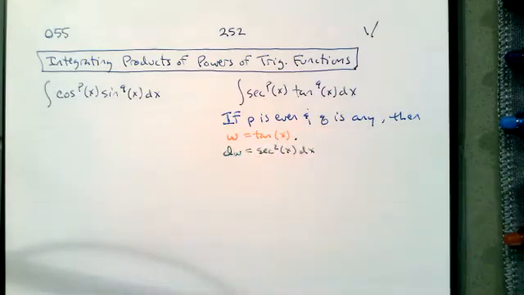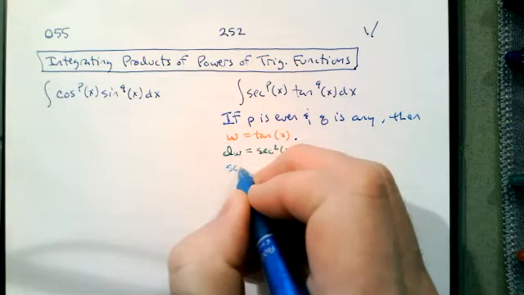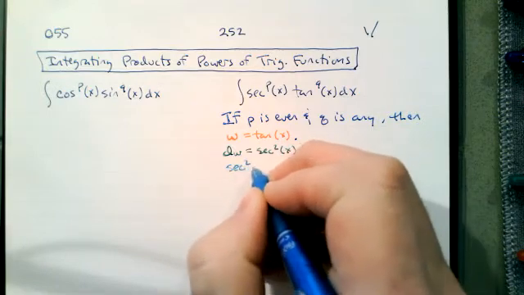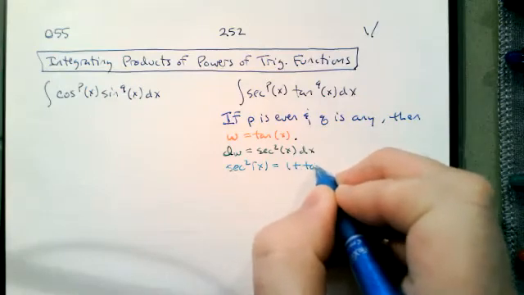We need 2 factors of secant to be the dw. Then we would convert the rest of the secants into tangents. And so secant squared is 1 plus tangent squared.